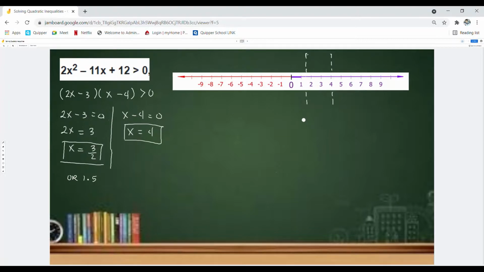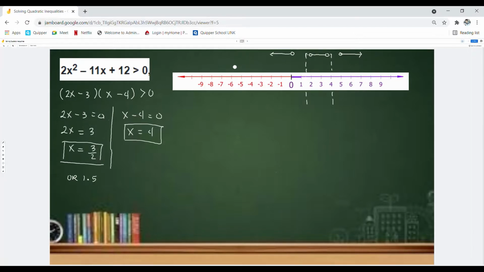Okay, so we will now write the intervals. Since the symbol is greater than, it's open, just non-shaded. So in the intervals, since open, it should be parentheses.